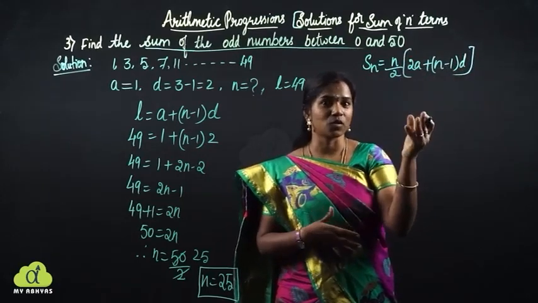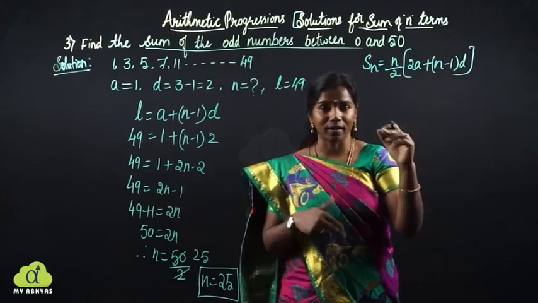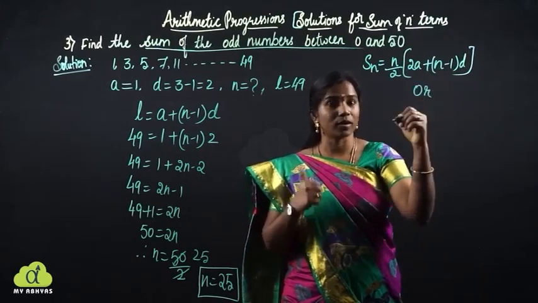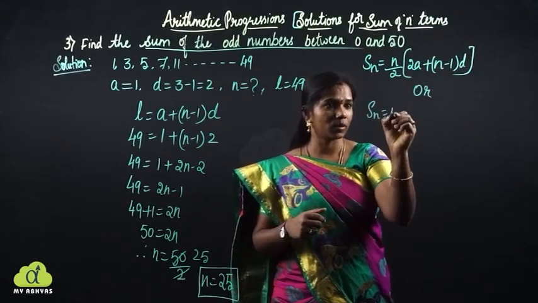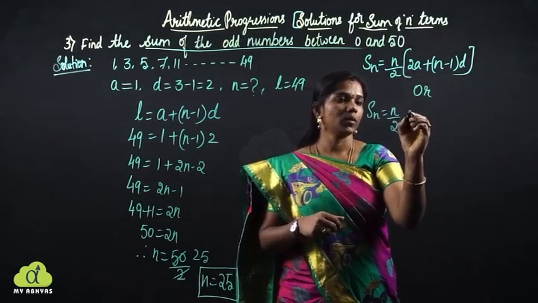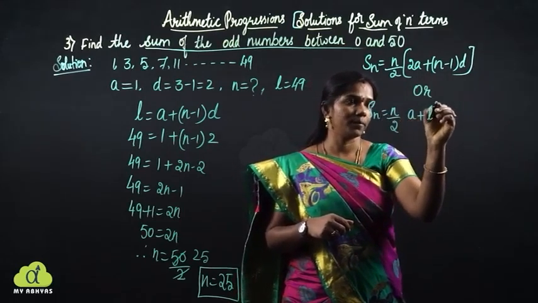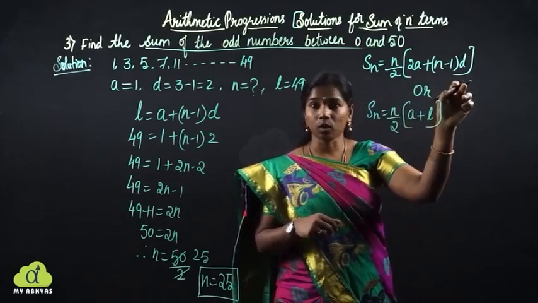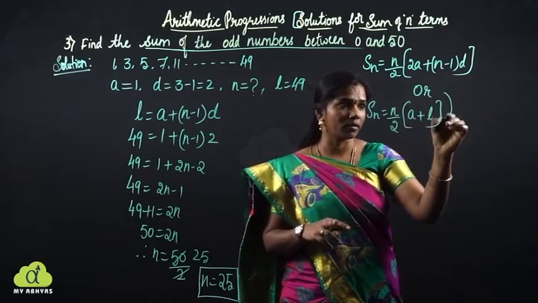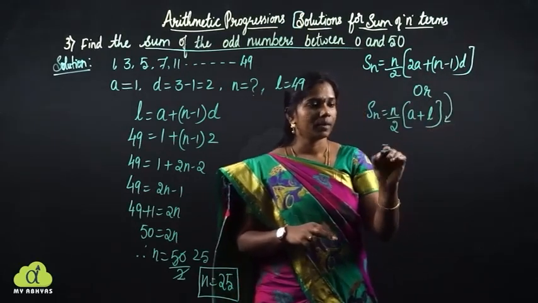Thinking why am I using this formula? You can apply this formula, or you can go for the other one: Sn is equal to n divided by 2 into a plus l. You can apply that also, no problem. But I am applying this formula. Clear? It is n by 2.